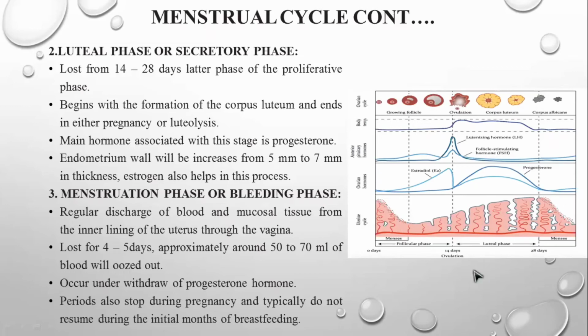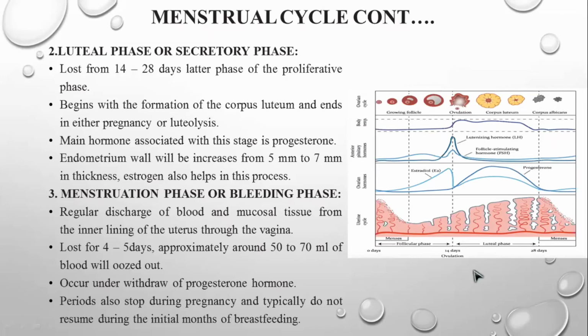The regular discharge of blood and mucosal tissue from the inner lining of the uterus through the vagina lasts 4 to 5 days, a maximum of 5 days. Most probably on the 5th day the bleeding stops, and from the 6th day to the 9th day the follicular phase starts again for the formation of follicles.